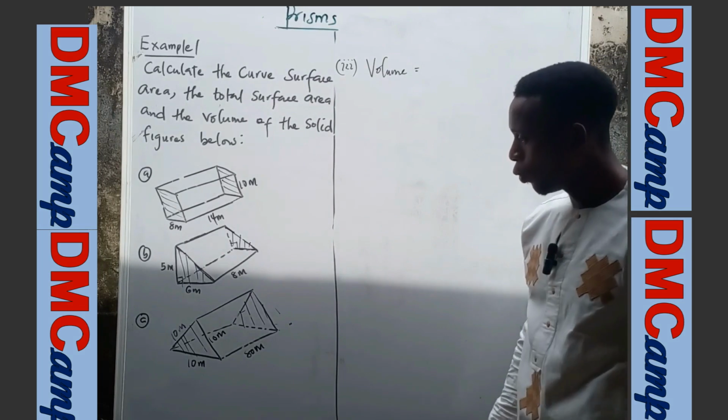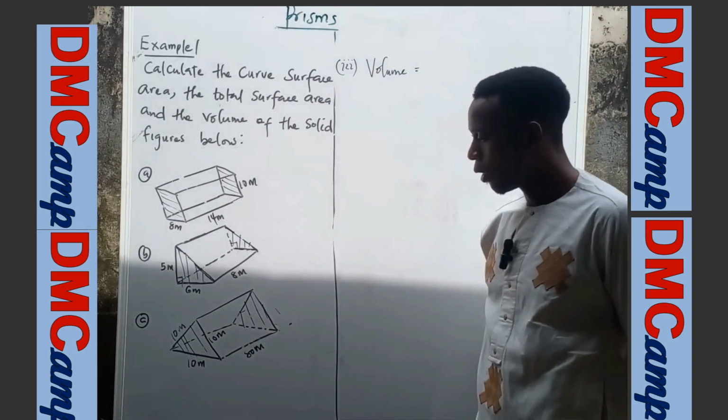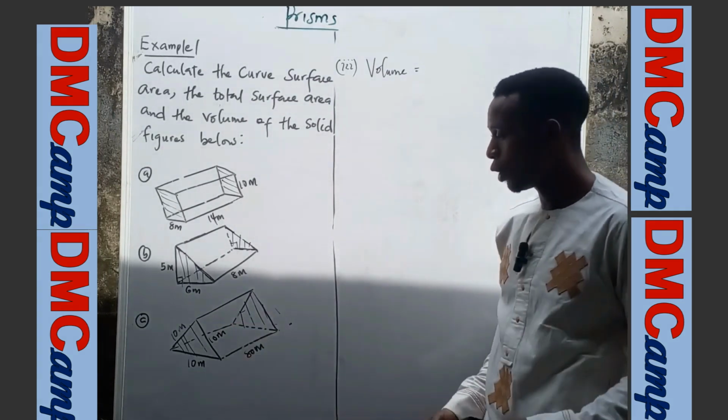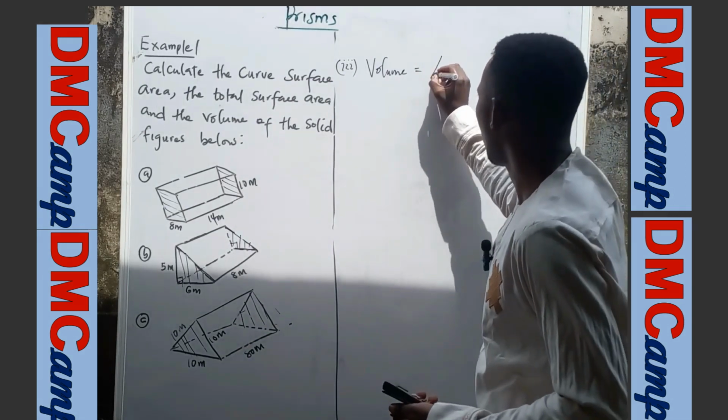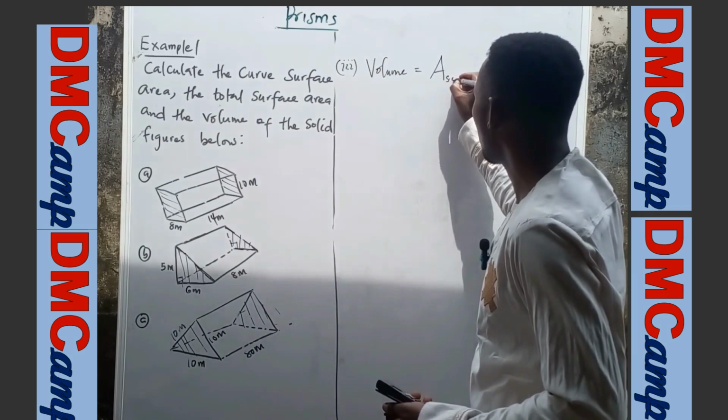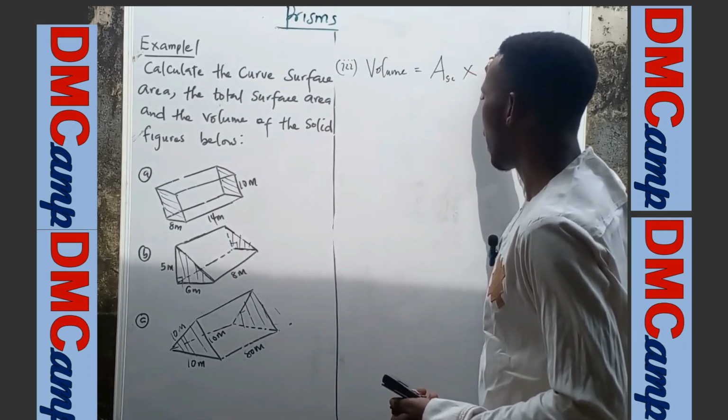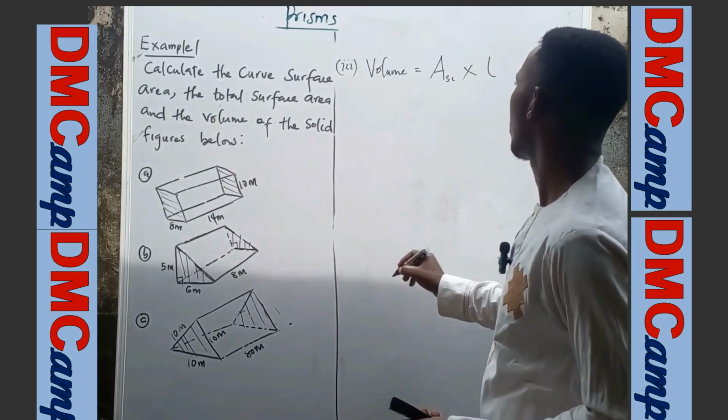Now let's see the volume of the shape. Let's see how to get the volume of the shape here. The volume simply says that area of the cross section, then multiply by the length.